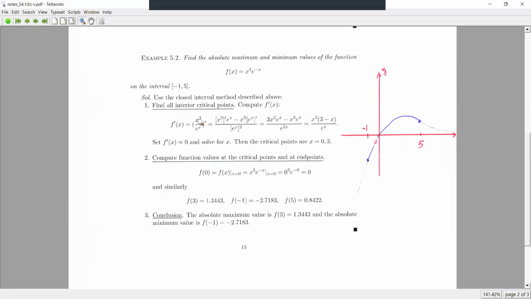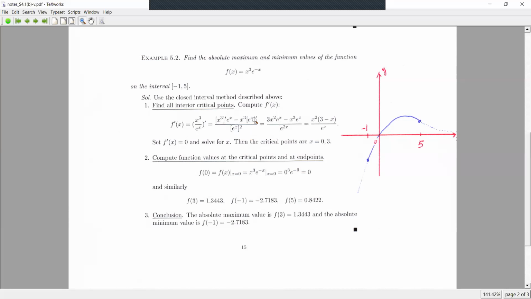The derivative is the derivative of the numerator times the denominator, minus the numerator times the derivative of the denominator, and then all divided by the denominator squared. This is the quotient formula. The derivative of the power function x to the third is 3 times x squared.